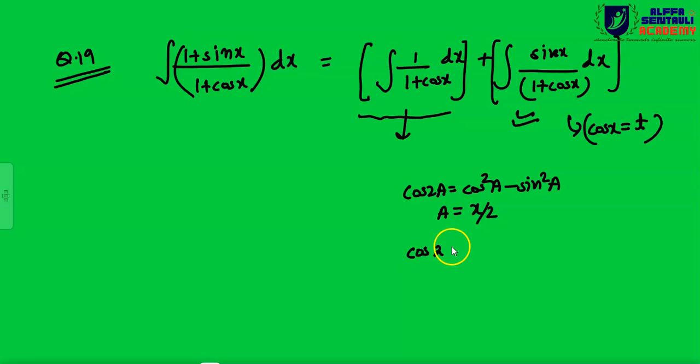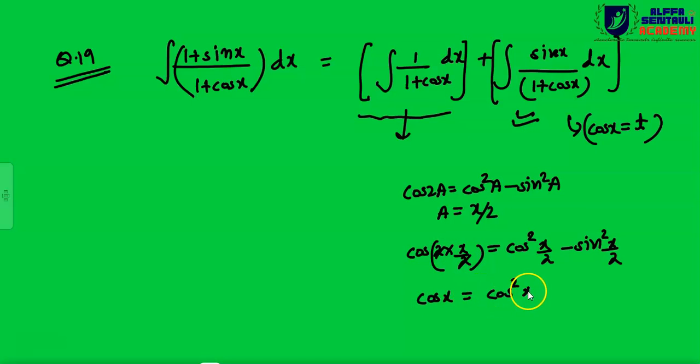So this will become cos 2 into x by 2, which can be written as cos square x by 2 minus sin square x by 2. I have replaced a by x by 2 in this formula, so the 2 and 2 get cancelled out and I am left with cos x. So cos x can be written as cos square x by 2 minus sin square x by 2.